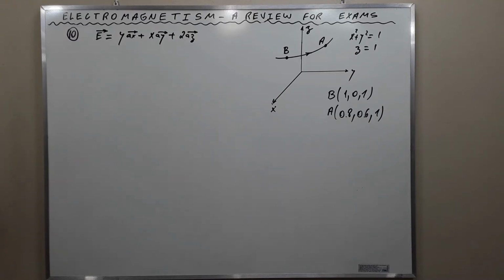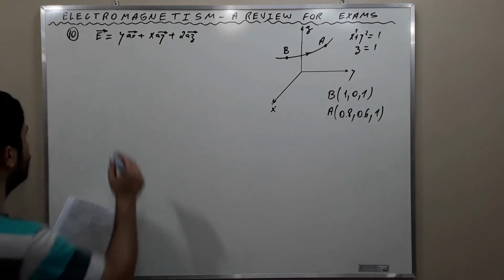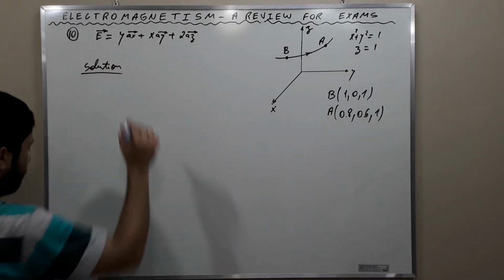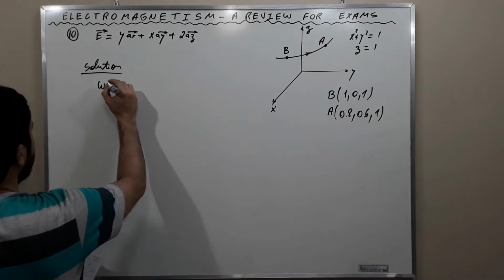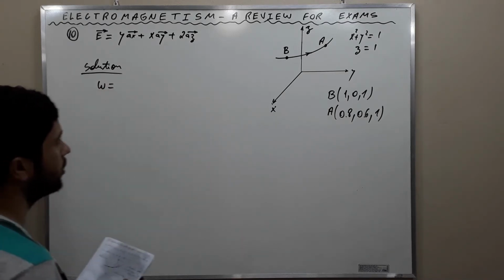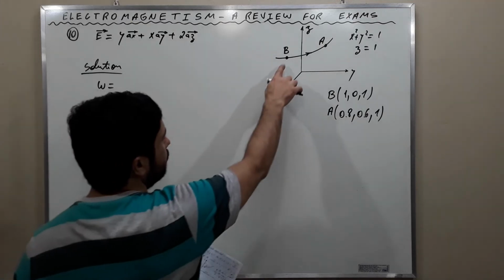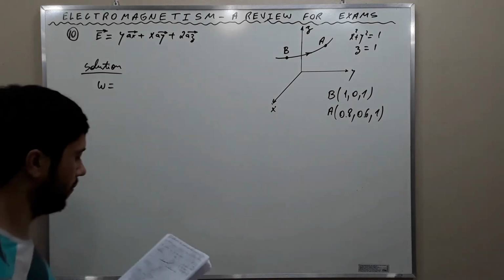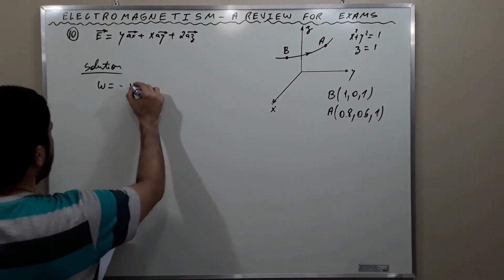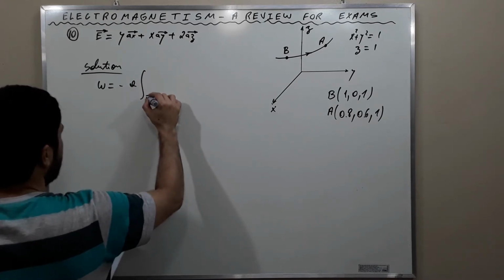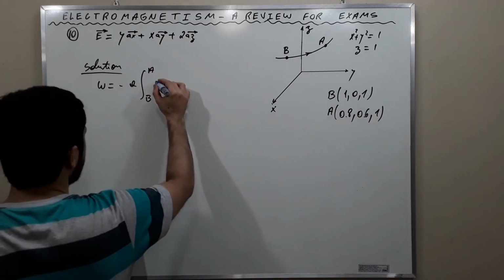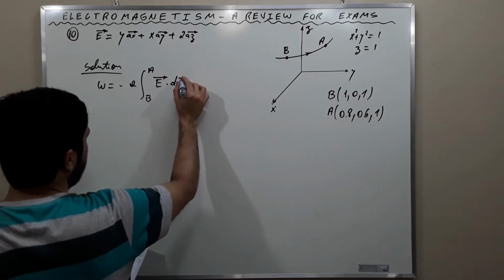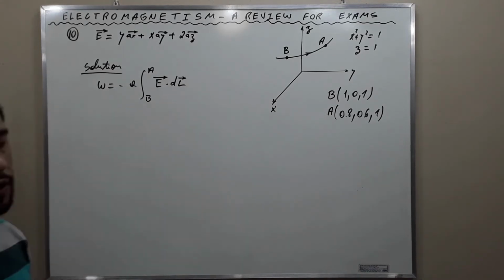Okay, my friends, this is the exercise, and the solution is the work expended in carrying 2 coulombs of charge from B to A along this curved path is going to be negative Q integral from B to A of E dot dl.